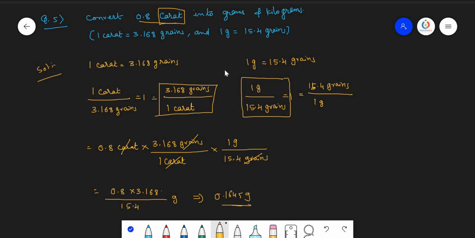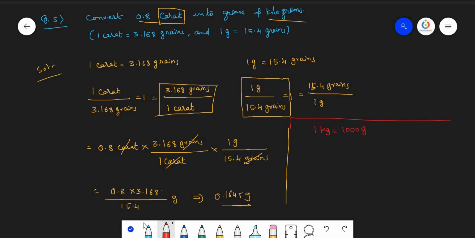0.1645 grams, and they asked to convert this one into kilograms also. So how to convert into kilograms? We develop another relation. We know that 1 kg equals 1000 grams.